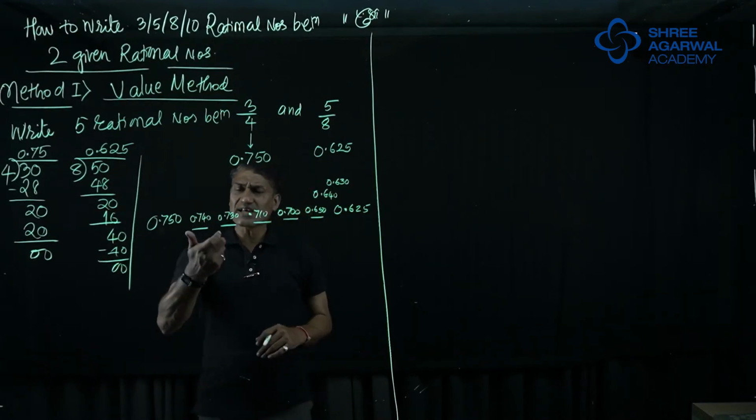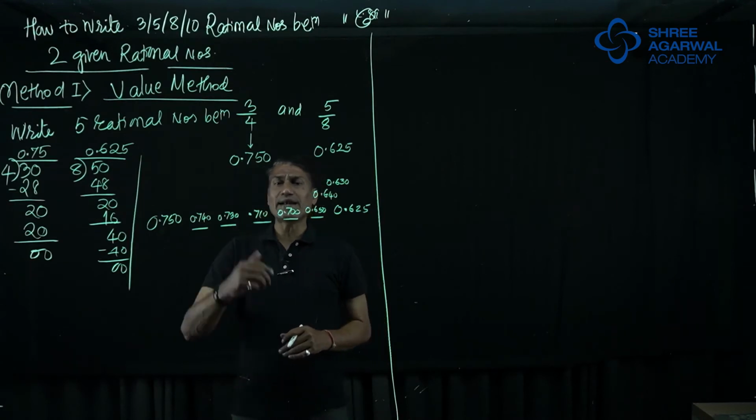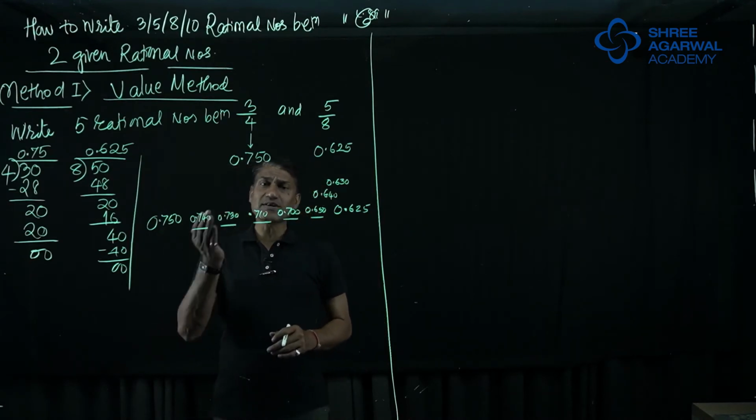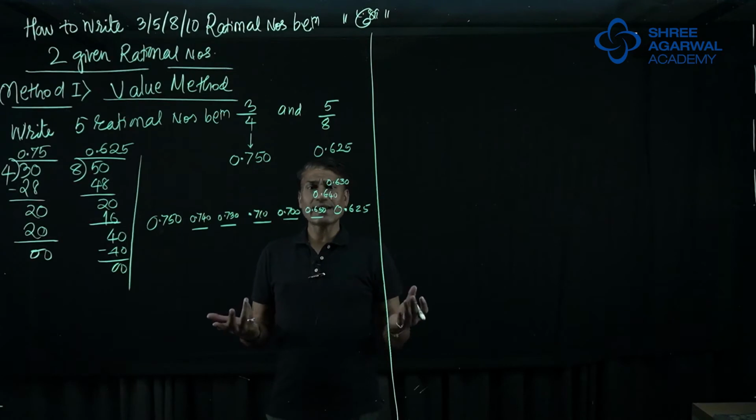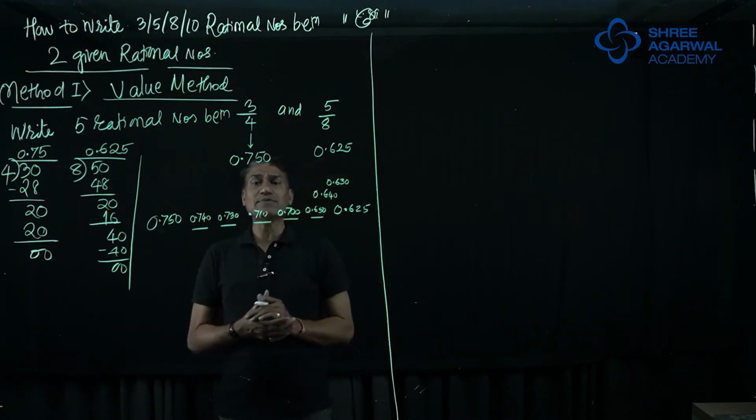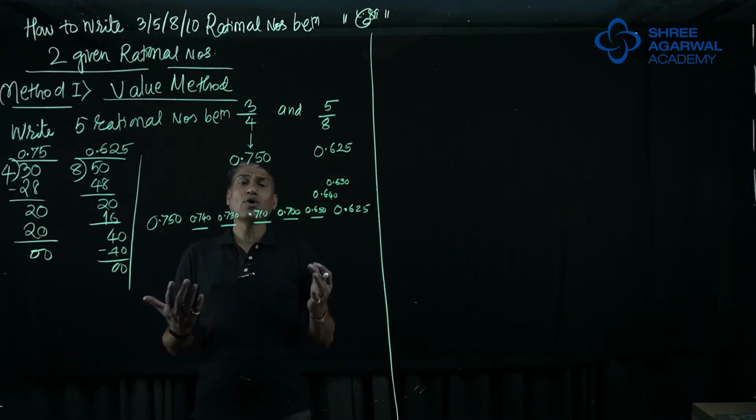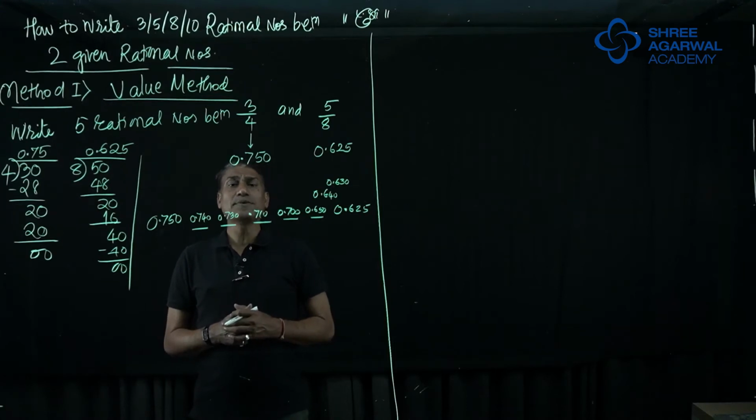But sir, they asked us rational numbers, you are writing decimal numbers. These decimal numbers are terminating, so they are rational. But then we will convert them in P upon Q form, and you know how to convert decimal numbers into P upon Q form.